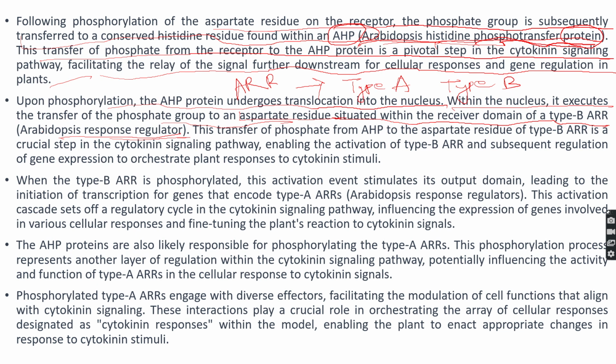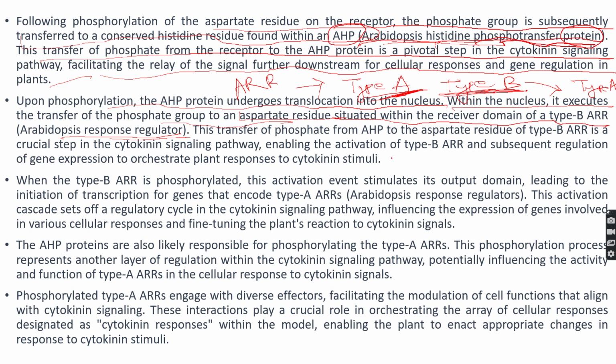So both are being phosphorylated, but type A is the key for the response. Type B, even when phosphorylated, is basically activating type A. Okay, and type A can directly be phosphorylated for activation.